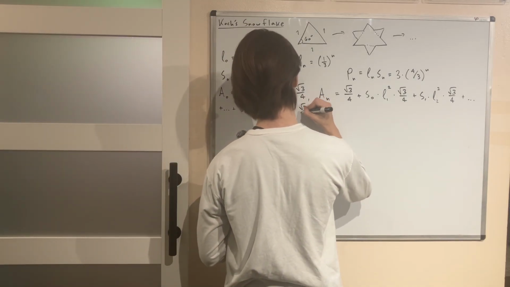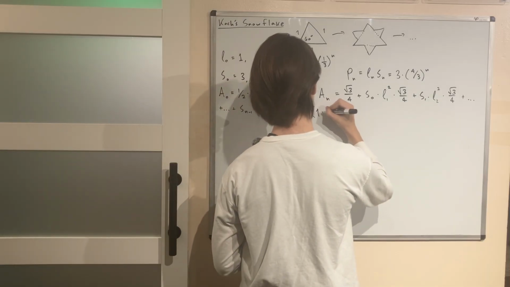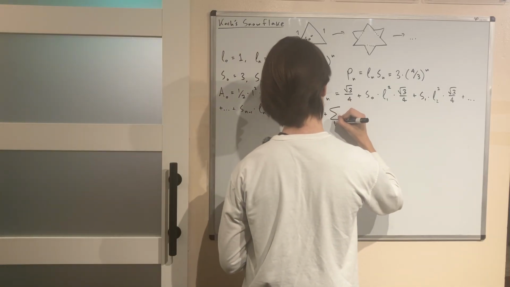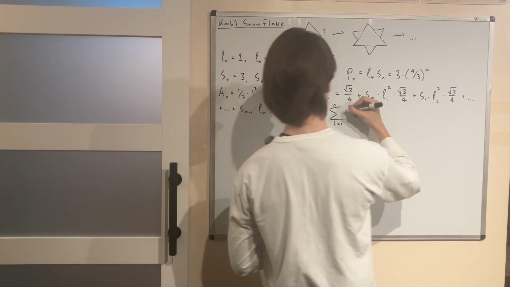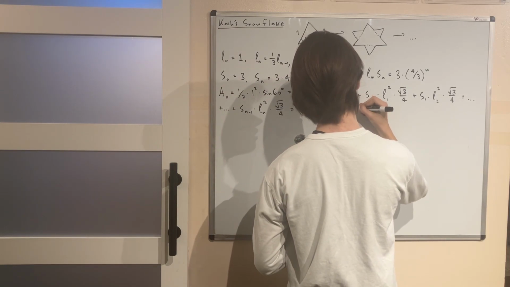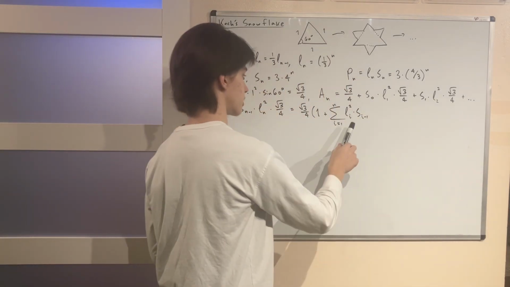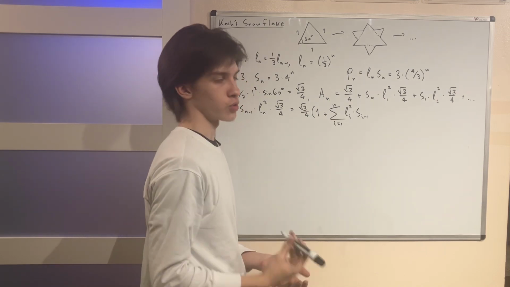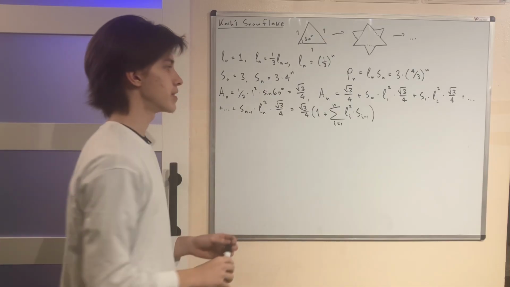So we get, first for the special case of A0, there's going to be a 1 here, and then we can use sigma notation. So starting from 1, I think is the better choice, going to n, we have L of I squared, and then times S of I minus 1. So the current iteration for the length, and the previous iteration for the number of sides. And so this is our expression for A of n.